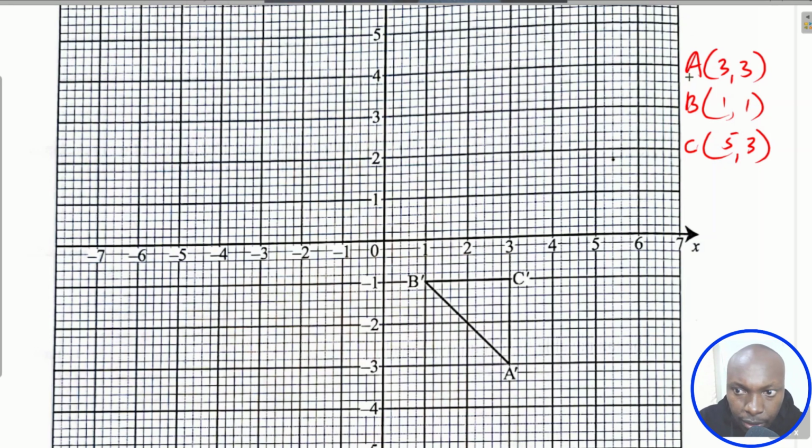So let us plot these. 3, 3 will be here. This is how you get 3, 3.